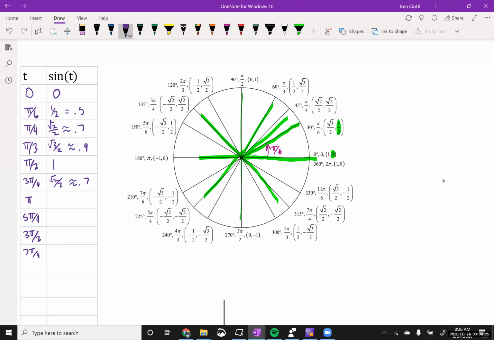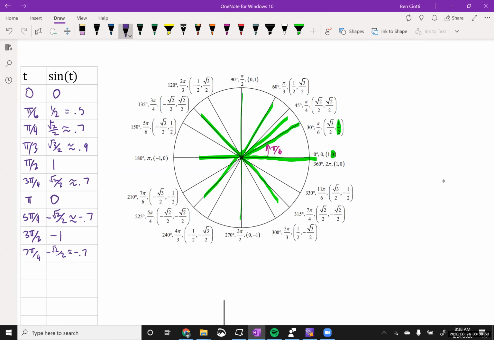At pi, we're back down to 0. 5 pi over 4, it's negative root 2 over 2, which is negative 0.7. 3 pi over 2, we are at negative 1. At 7 pi over 4, that's negative root 2 over 2, which is approximately negative 0.7.